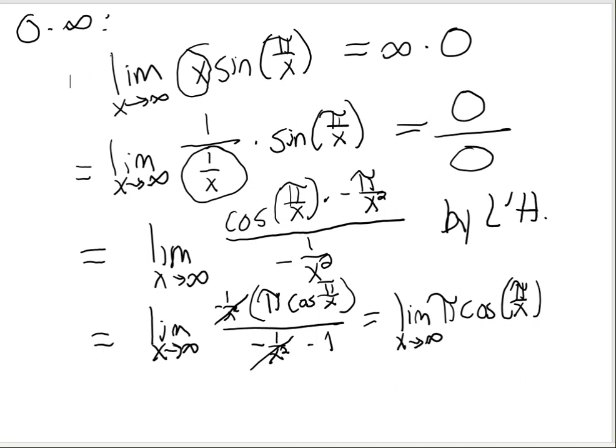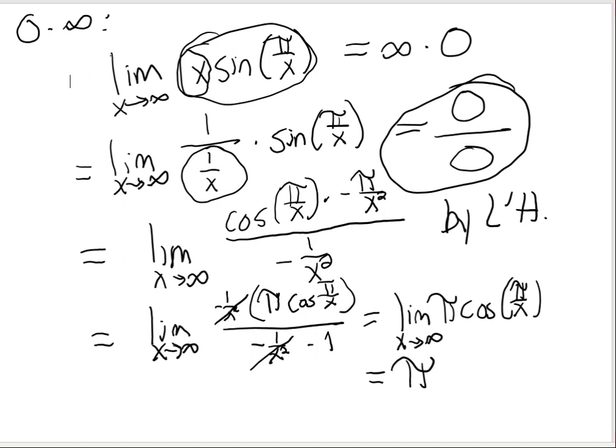Remember, limit as x goes to infinity of pi over x is just 0. Cosine of 0 is 1. So you get that this limit is equal to pi. So it does work out in this case that we can somehow change what this looks like to get the indeterminate form we want.